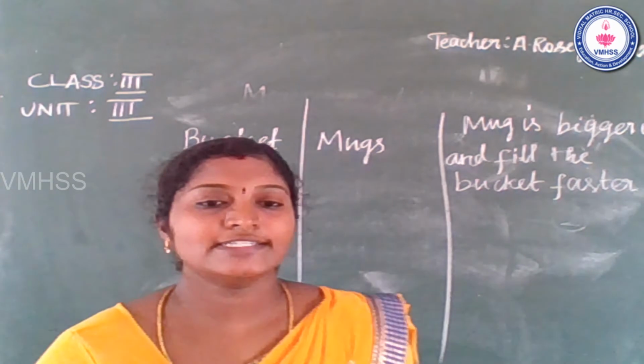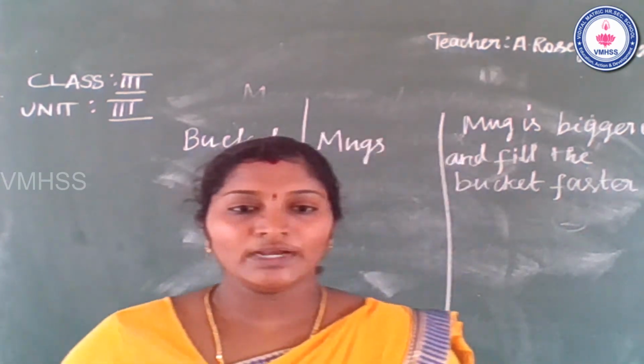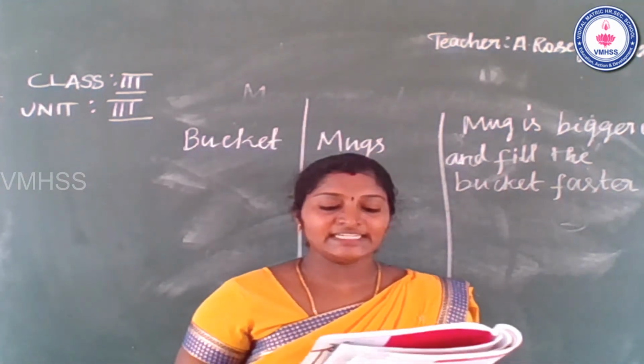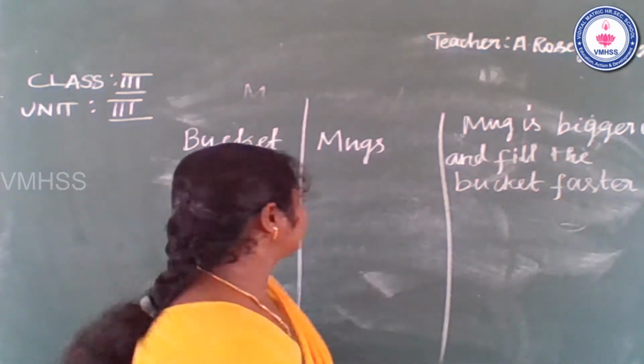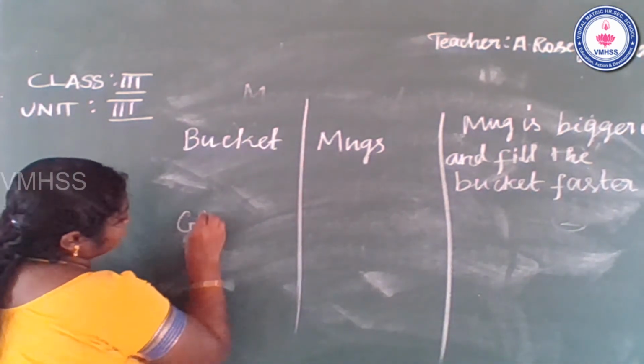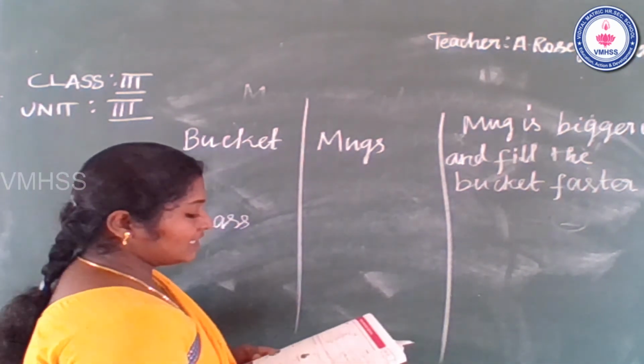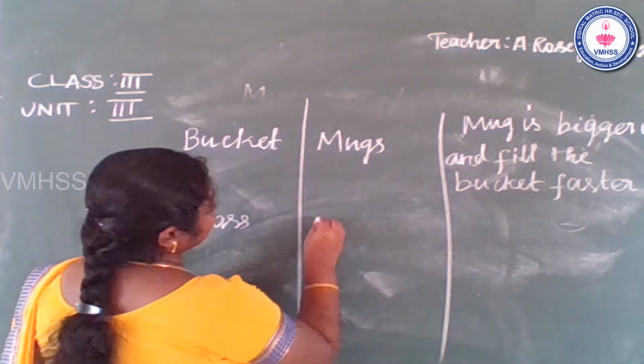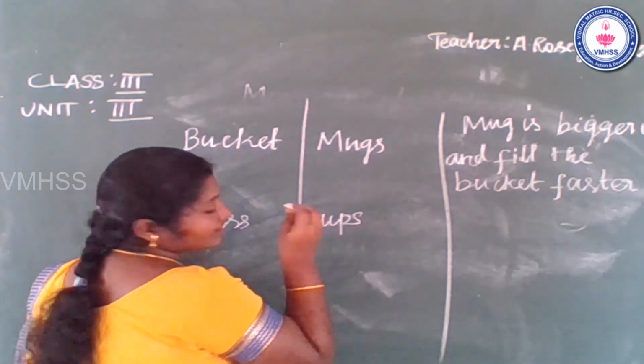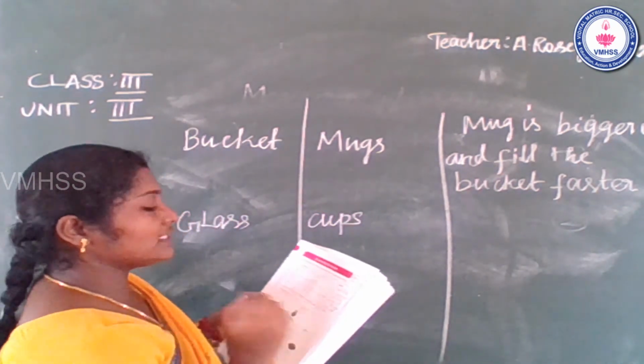Okay, so the next one is a glass. Its unit is a cup, so you circle the word cups. What is the reason?